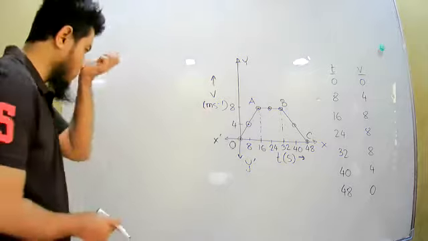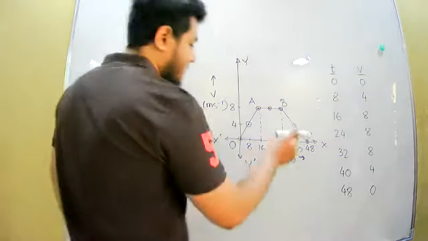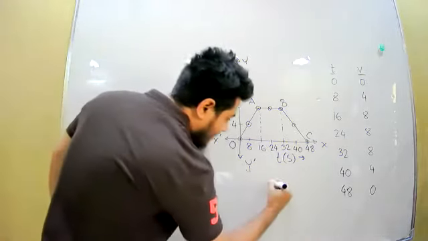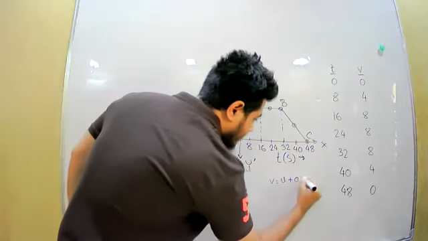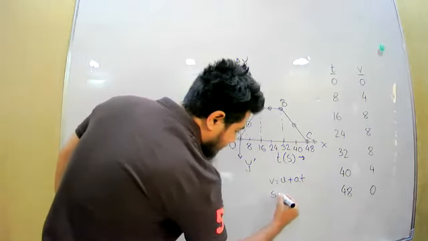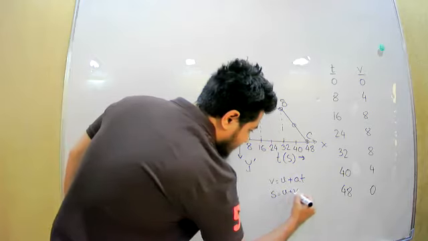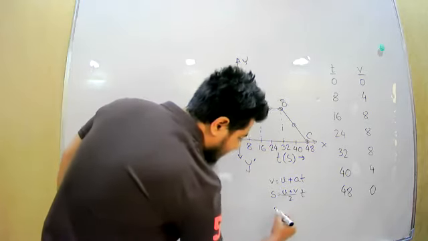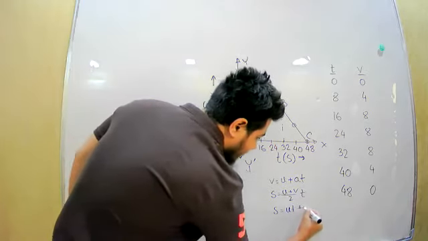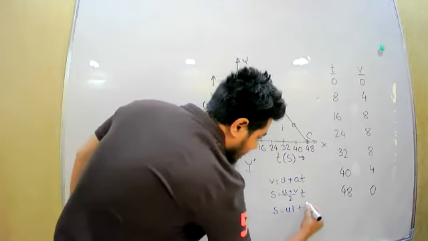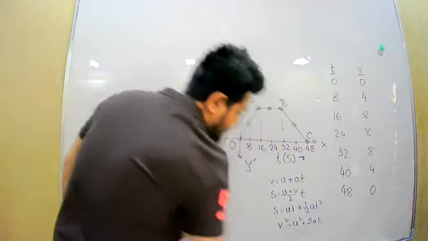So the 4 equations of motion we will write. V equal to U plus AT. Then S equal to (U plus V) divided by 2 into T. S equal to UT plus half AT square. V square equal to U square plus 2AS.